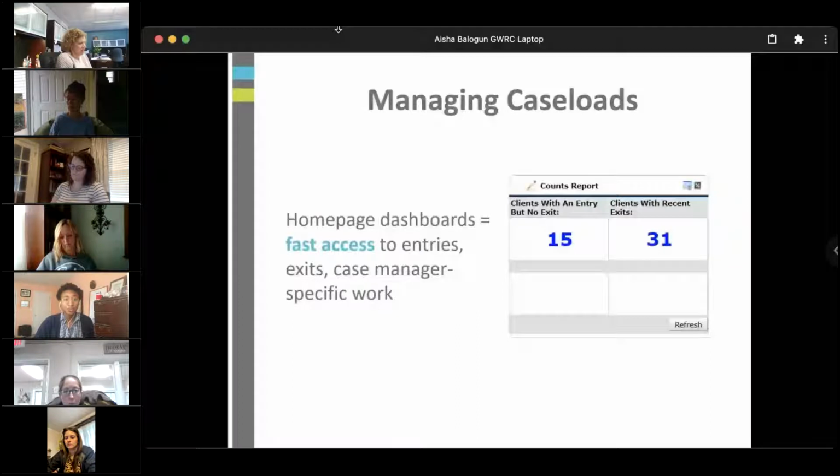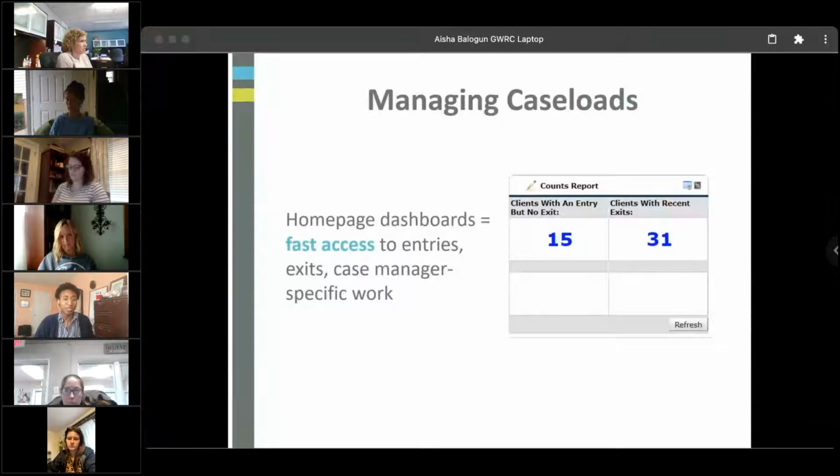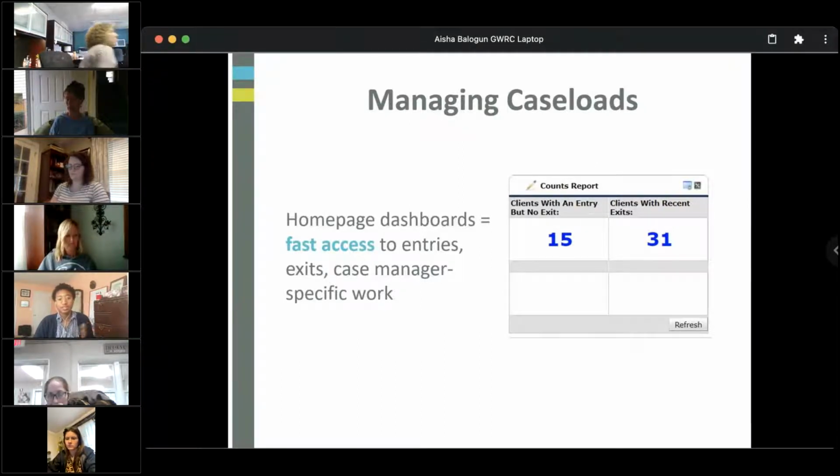And a little side note as to what HMIS can be used for, there is a function that can allow you to have a dashboard on your homepage so that as soon as you're logging into HMIS, the first thing you see is a personalized count of entries, exits, and other case manager specific or program specific counts, so that can be a resource for you to help keep track of your caseload or your workload at any given moment.